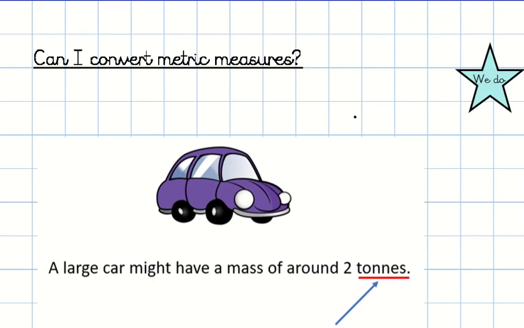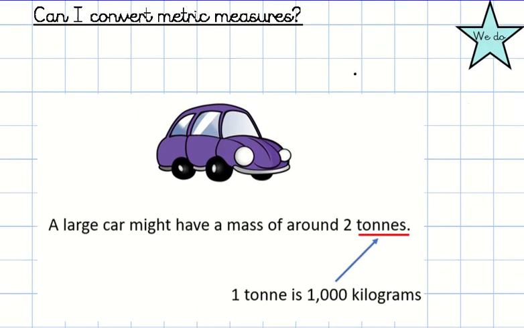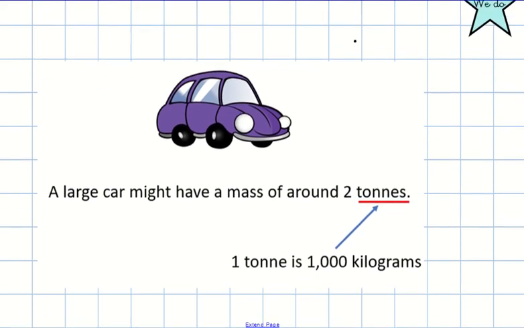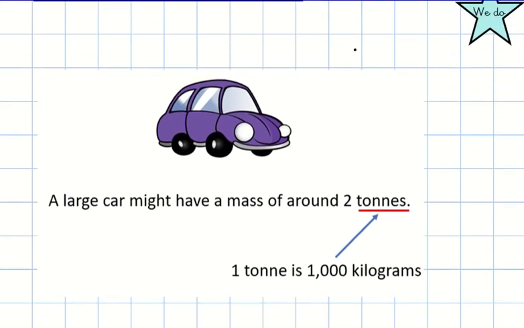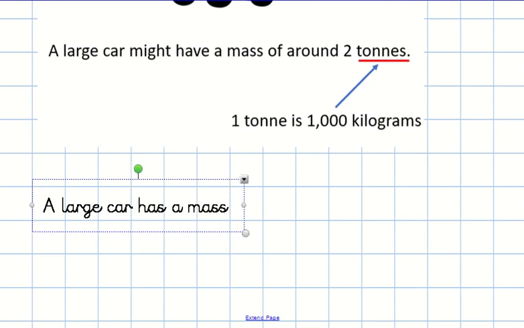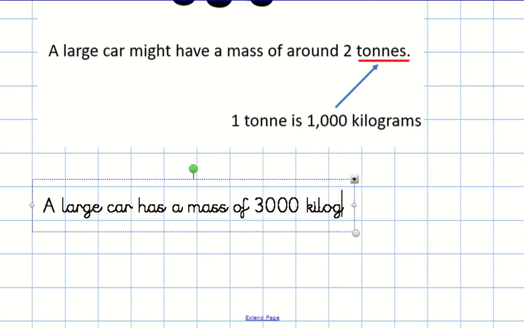Finally, let's do this last question. A large car might have a mass of around 2 tonnes. And 1 tonne is 1,000 kilograms. Okay? So we need to remember that for when we do a question like this. Your question might say something like this: a large car has a mass of 3,000 kilograms.